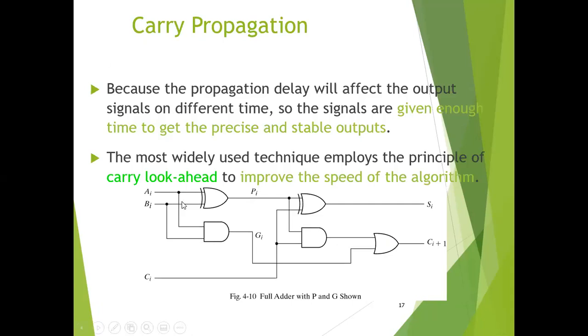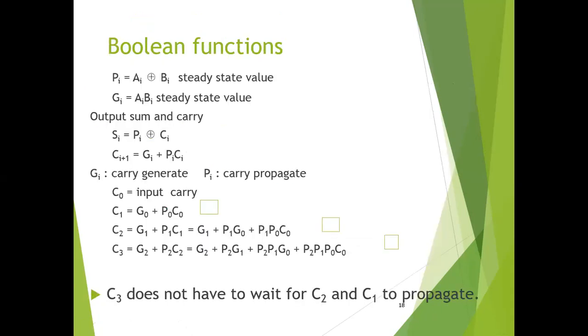We can see that Pi is the output of the sum bit of the first half adder, and Gi is the carry output of the first half adder, and similarly Si and Ci plus 1 are the output sum and output carry bits for the full adder circuit.